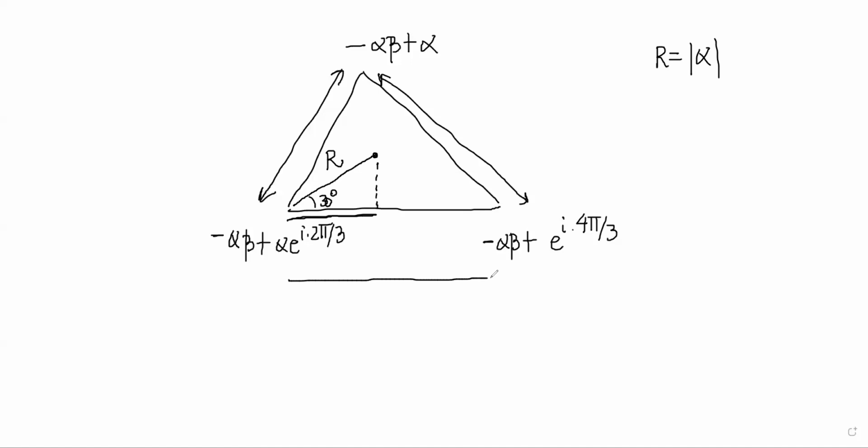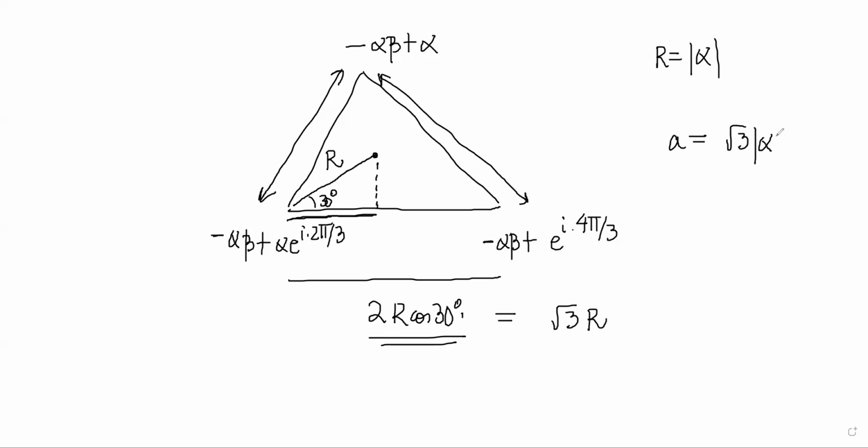So the whole side would be 2r cos 30 degrees. That will be the length of the side, which is equal to root 3 times r. So the length of the side is root 3 times mod of alpha, and therefore the perimeter of this triangle would be 3 root 3 times mod of alpha, which is the answer for this question.